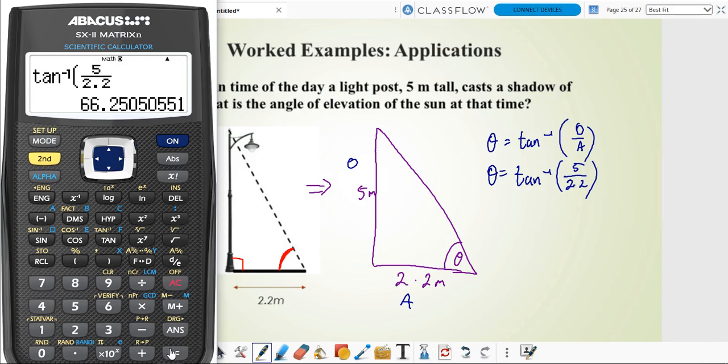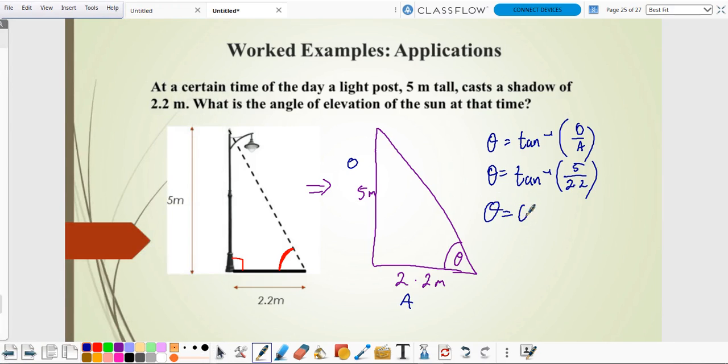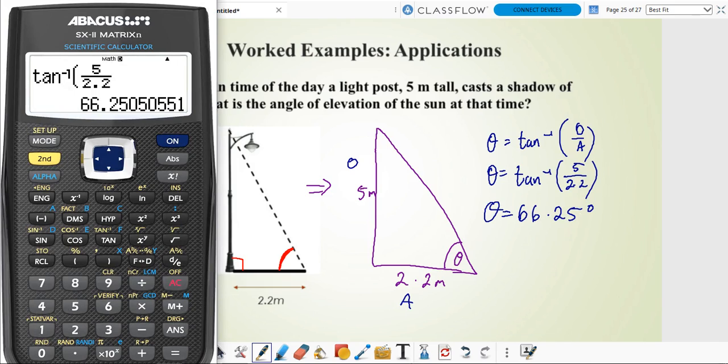So the angle of elevation is 66.25 degrees. These questions are easy, you just have to read them and draw your diagrams.